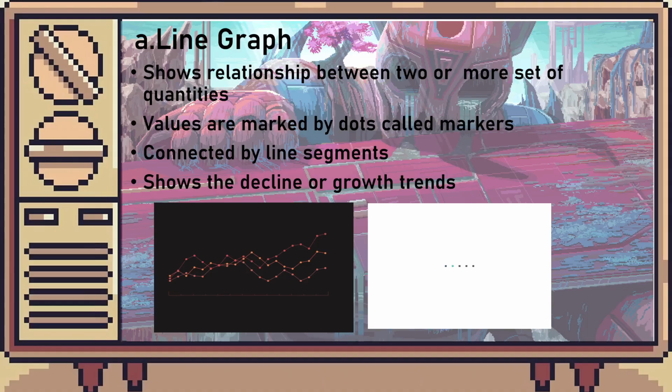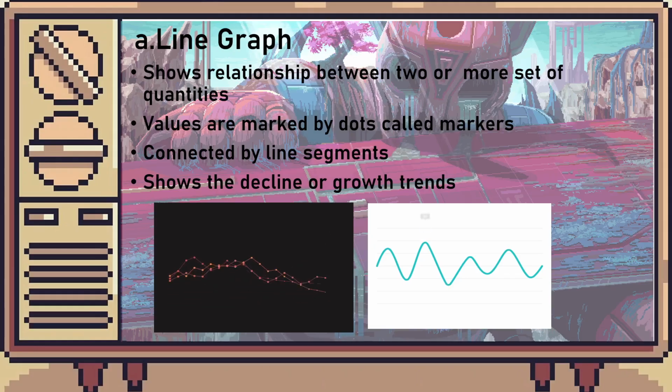So the first one is the line graph. It is the simplest one to make. You just have markers. The markers are the dots, and you connect the dots through line segments, and you'll be able to see the trend, whether it grows or declines. It's pretty good at showing growth trends on a time scale.